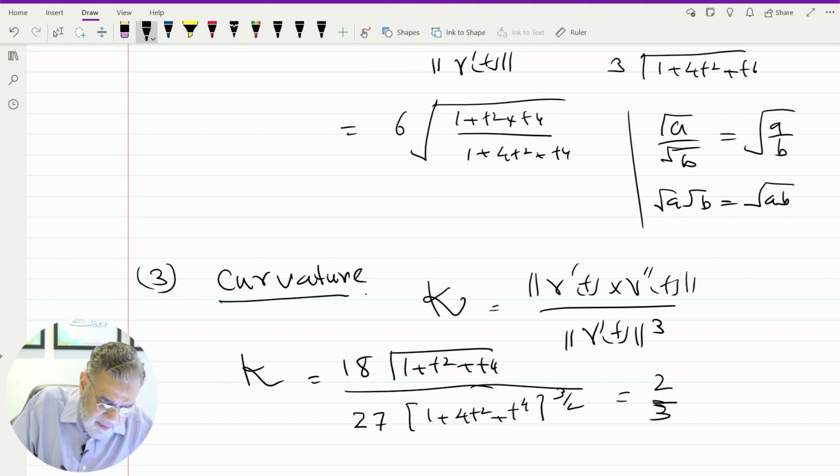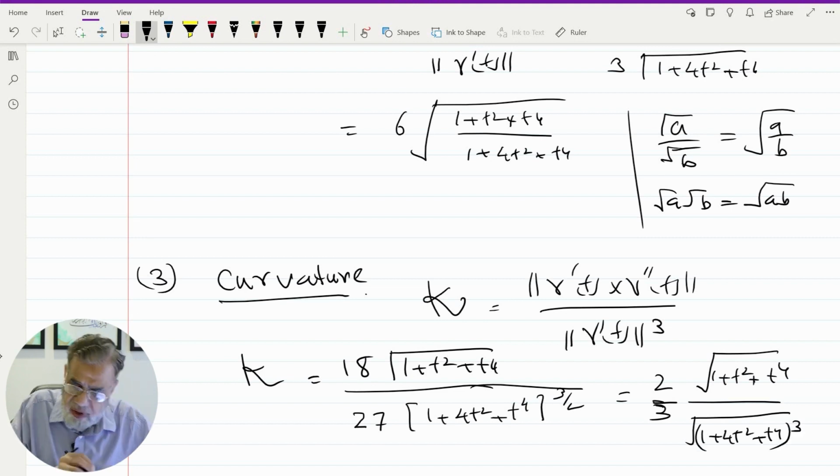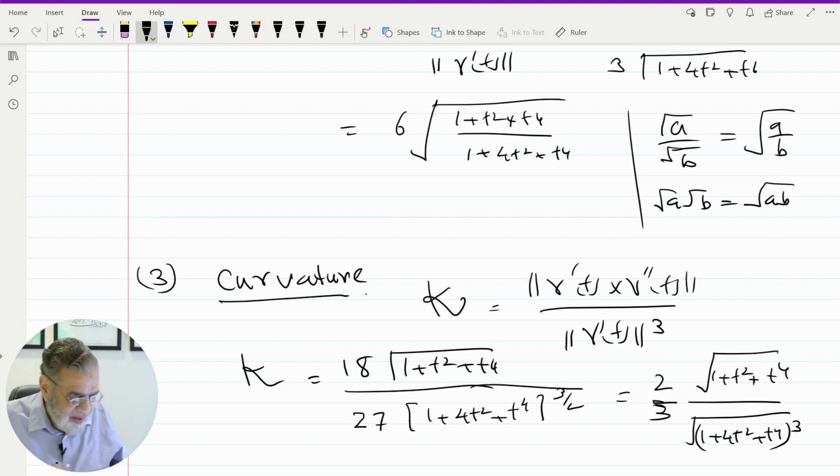Here we can combine them because we have the roots 1 plus t square plus t to power 4, and under the root sign we have 1 plus 4t square plus t to power 4. We can write it like this also, with a cube. So that's my result, that we can find the tangential component and normal component of acceleration of a vector function r of t.